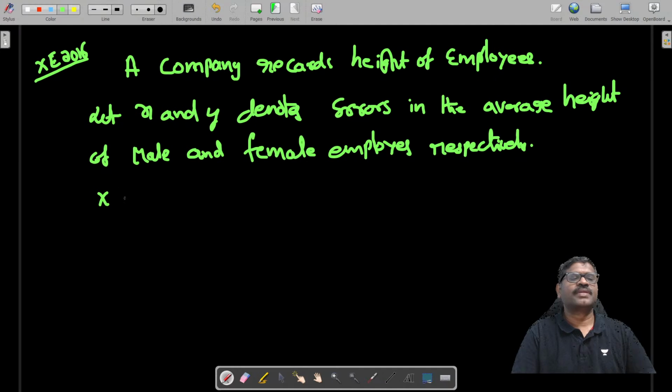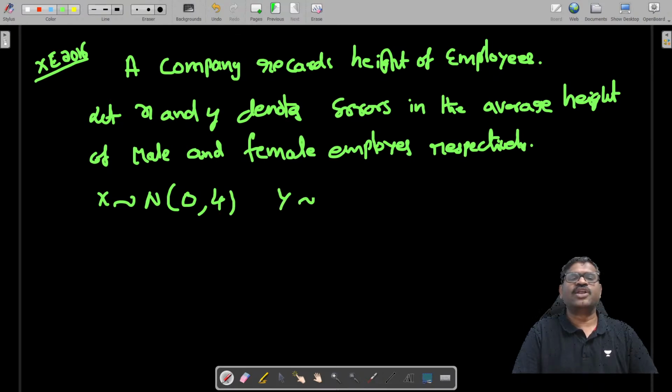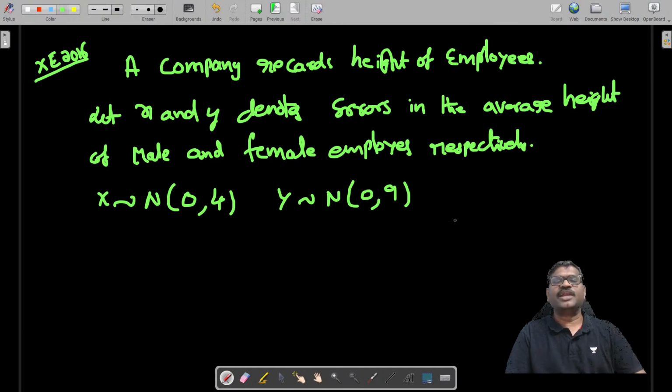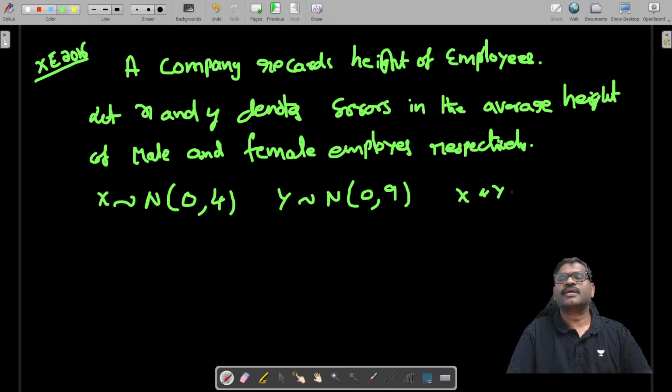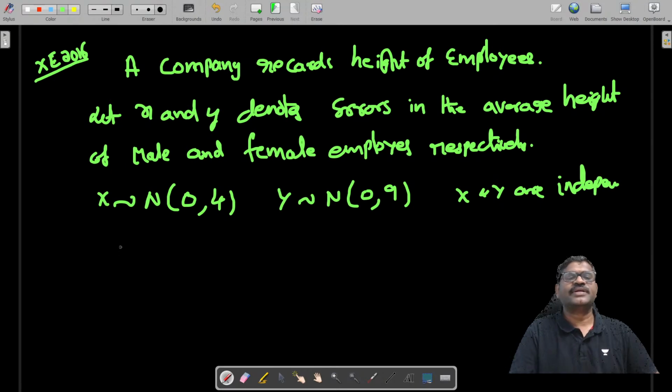Here X follows normal distribution with mean 0 and variance 4. Y follows normal distribution with mean 0 and variance 9. X and Y are independent.